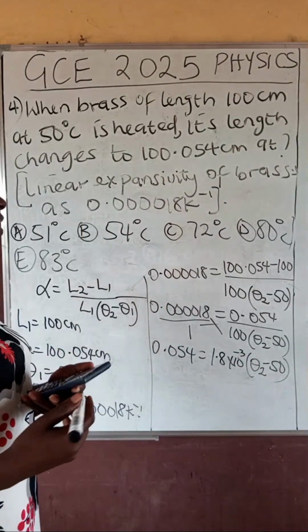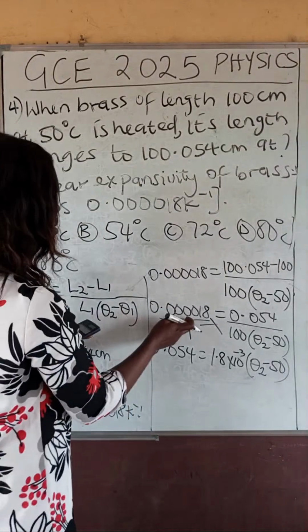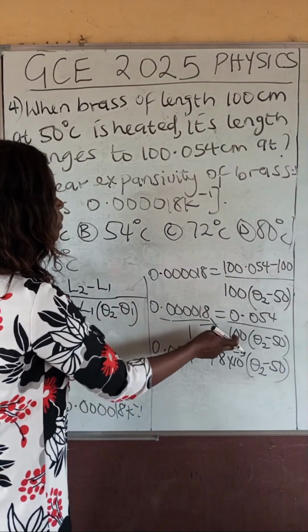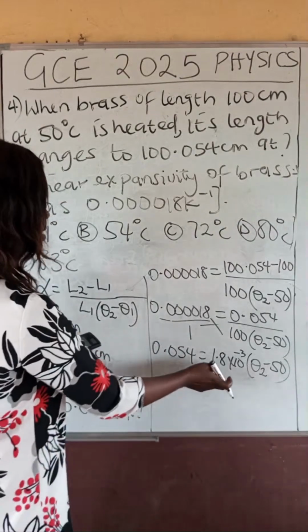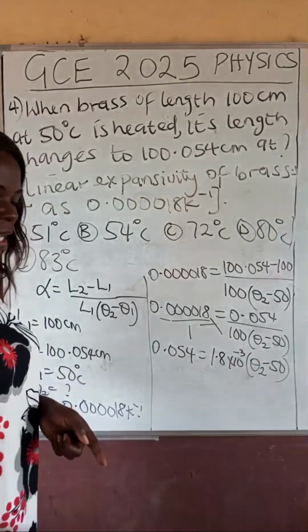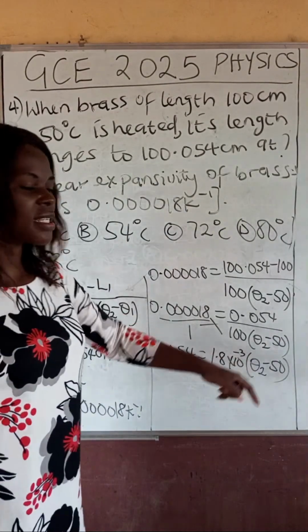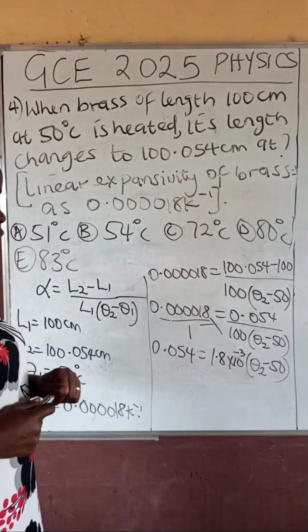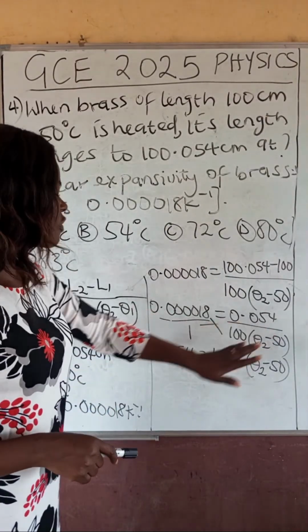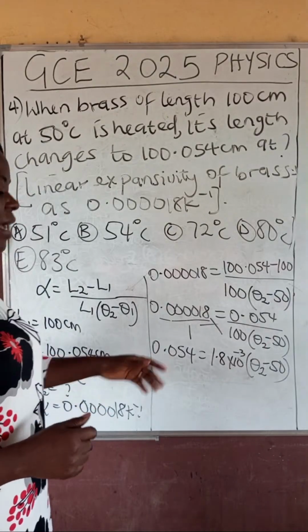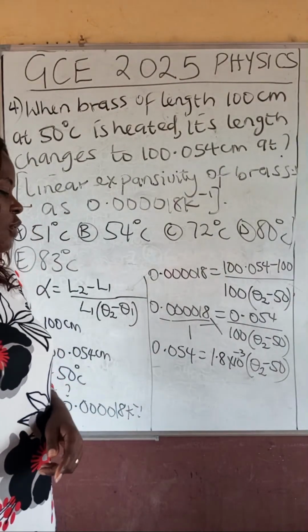Now see what I just did. I multiplied this 0.00018 by 100 to get this. Then I retained this in bracket because I'm going to open the bracket soon. Then 0.054 multiplied by 1, I have this.